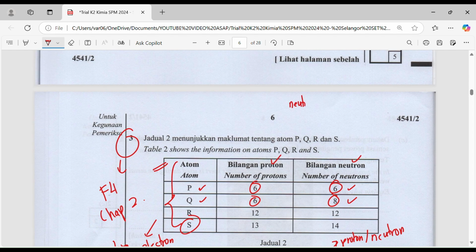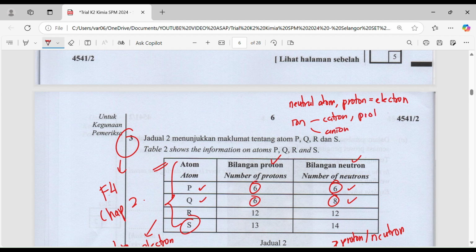Alright, like for a neutral atom, bilangan proton dan juga bilangan elektron adalah sama. For ion, it varies. Right? We have cation and anion.